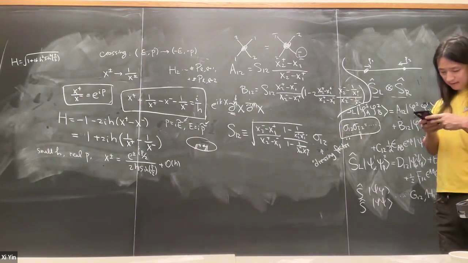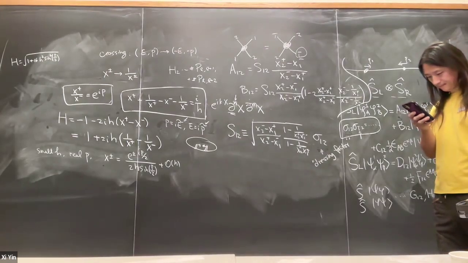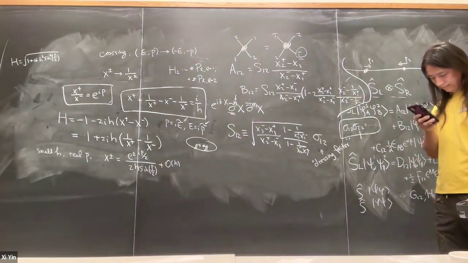What's the number? 0901.4937. So this is all about the Green-Schwarz approach.